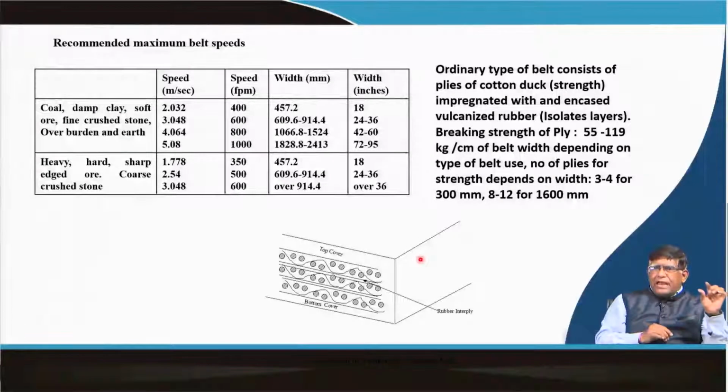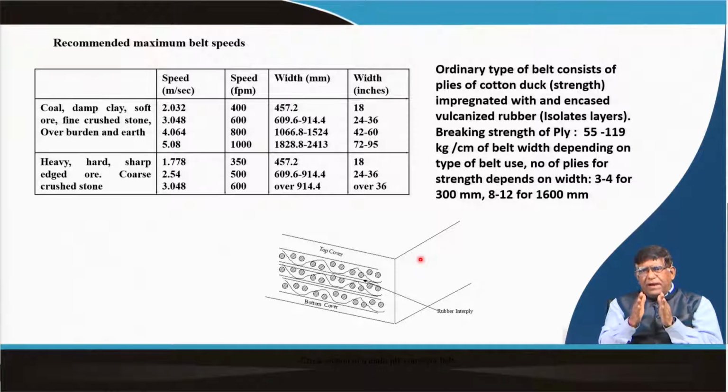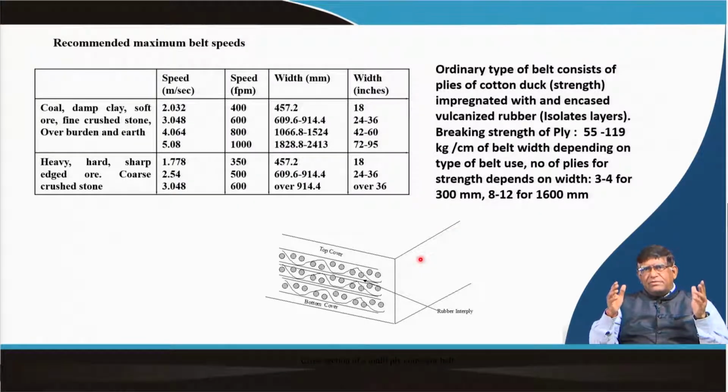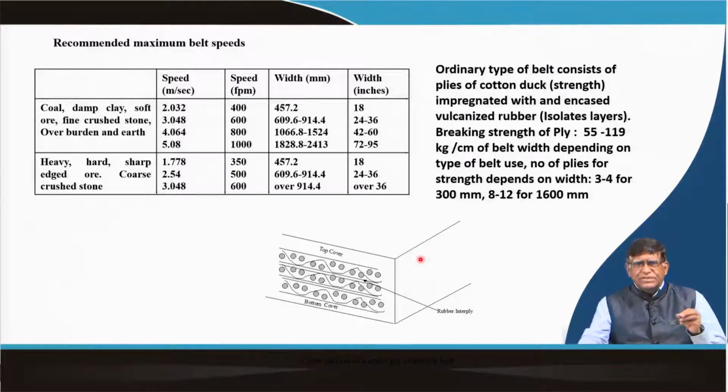It is expressed as breaking strength per unit width, that is, 55 to 119 kgf per centimeter. That is the way it is expressed in the standard. We will calculate it when we learn about belt stress in the belt calculations, and hopefully we will be able to discuss those things.